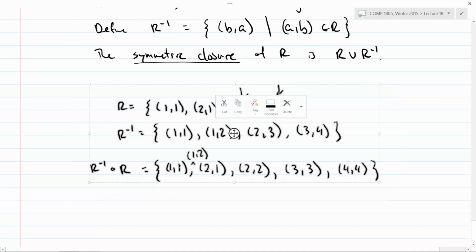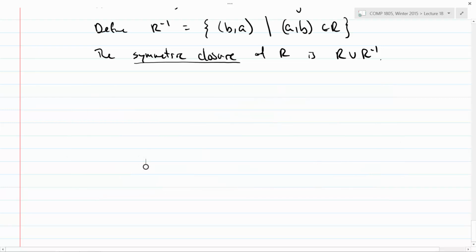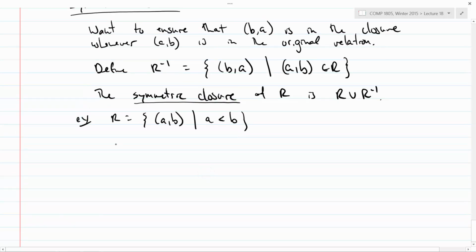All right, going back to the symmetric closure, let's do an example. Let R be {(a, b) such that a is less than b}. In this case, R inverse is going to be {(b, a) such that a is less than b}. But I prefer to think of it as (a, b) such that a is greater than b.